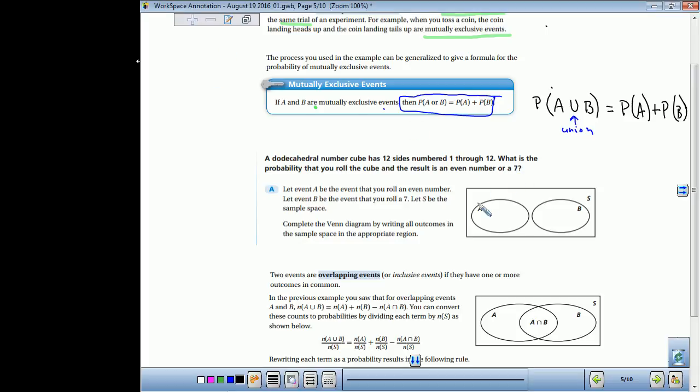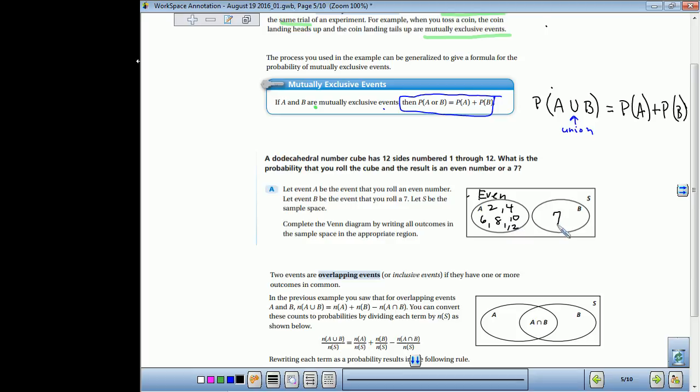Well, if we do a Venn diagram, if they are mutually exclusive, meaning in a single trial it cannot happen at the same time, is there an overlap? No. So here we have even. The even numbers are 2, 4, 6, 8, 10, and 12.